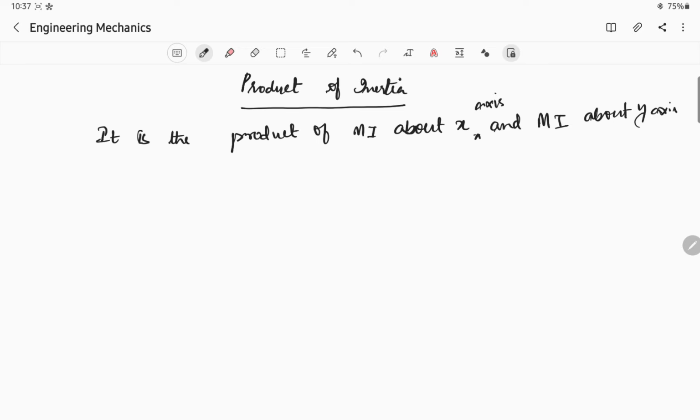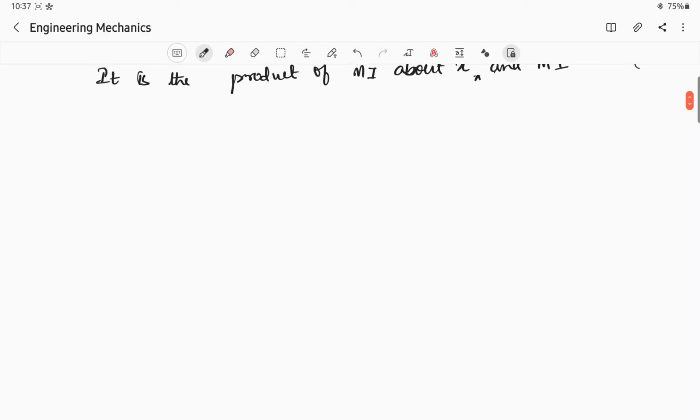So we will see one problem related to moment of inertia, product of inertia. Okay, so note down this problem. It is a very simple problem.